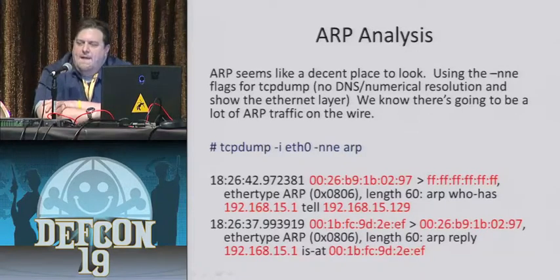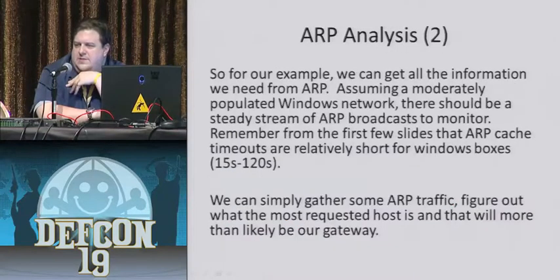Well, you can get the MAC address from the reply, but in order to figure out who asked the question, you have to go back and look at the question itself, so it's kind of a two-step process. It can be done. And on a local network segment, it's probably a fairly safe guess that if you captured 50 or 100 ARP packets, the gateway is going to be the most ARPed for item on the local network.